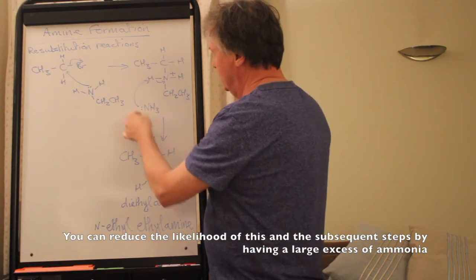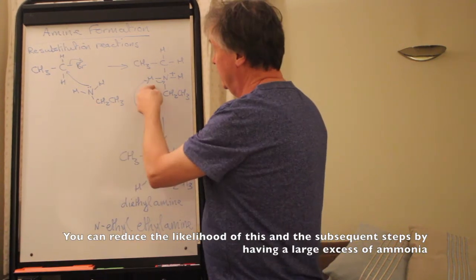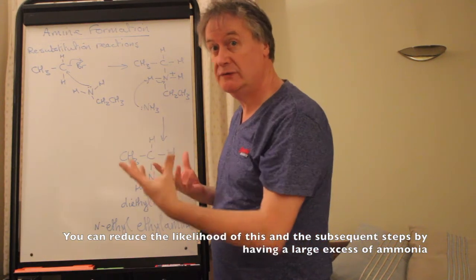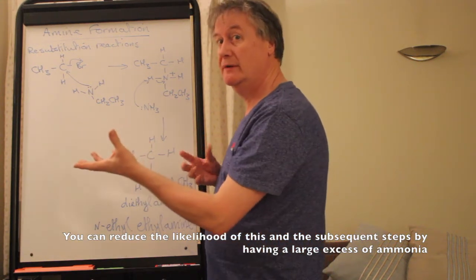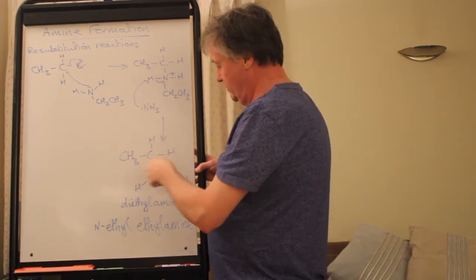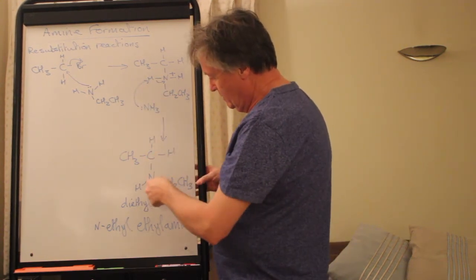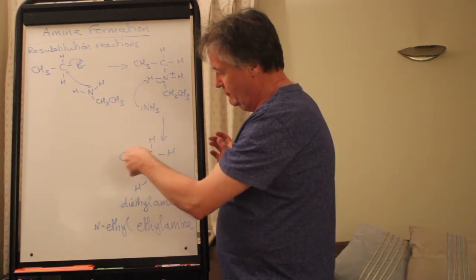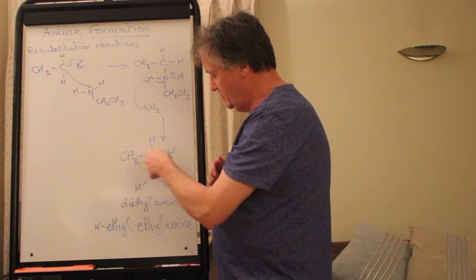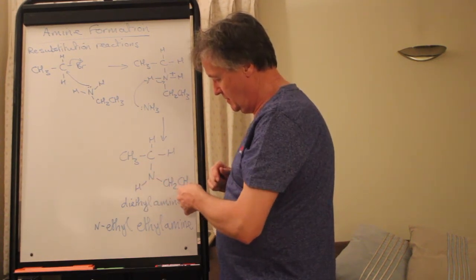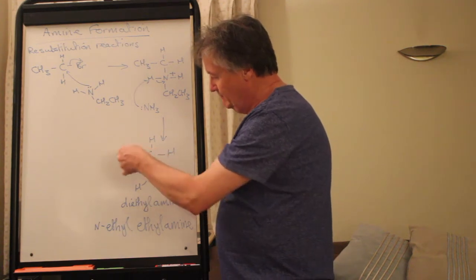So there, and then you could use this to pluck that off, but I'm using ammonia because there will be ammonia around because the initial setup is to put ammonia in with the bromoethane, and it will pluck off the hydrogen and you'll get this. So this nitrogen now has CH3CH2, which I've written slightly cumbersomely, attached to the N, a hydrogen attached to the N, and CH2CH3. So that's an ethyl.